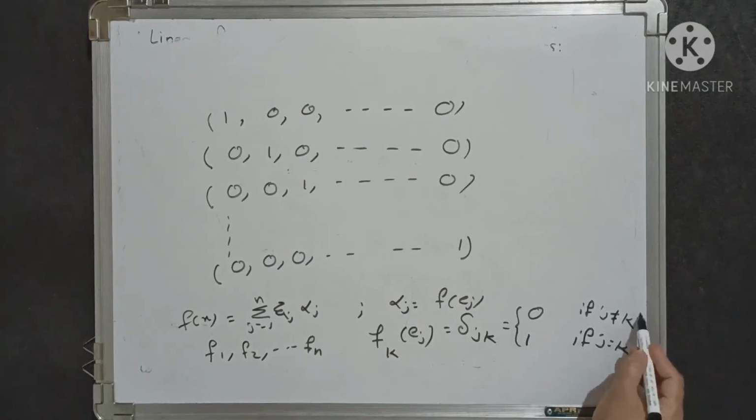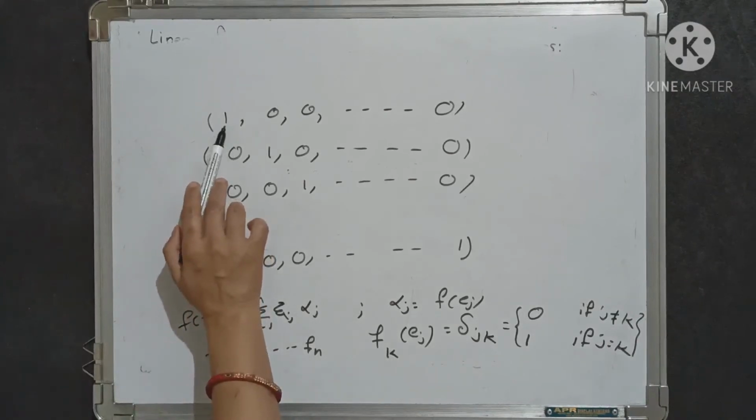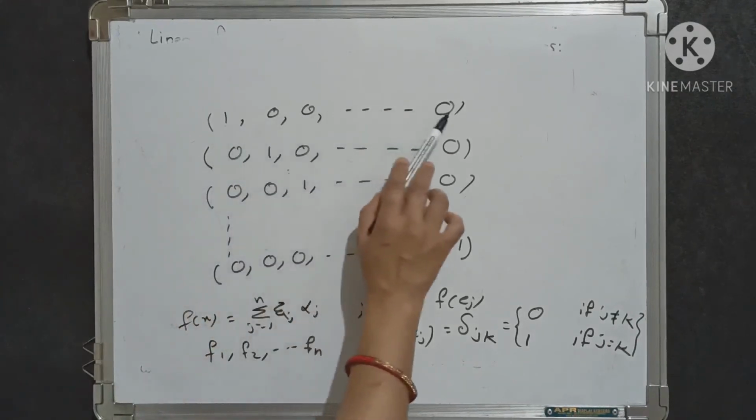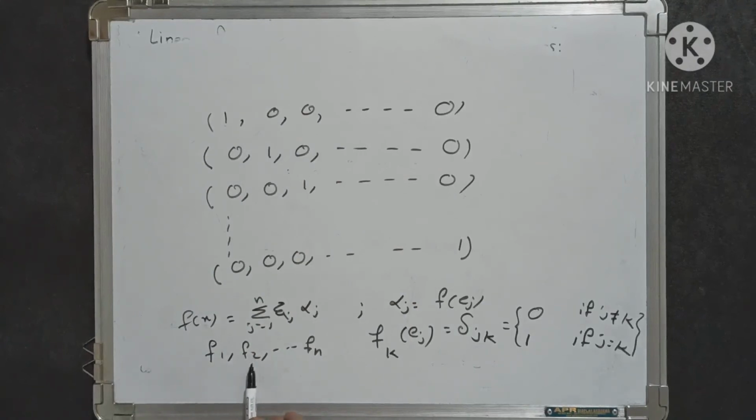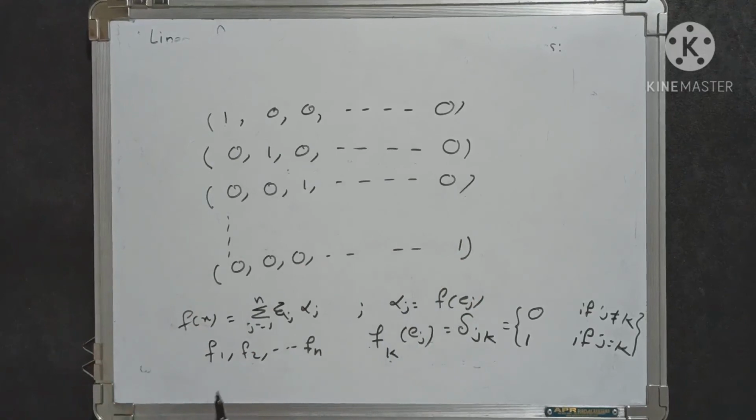It is called the Kronecker delta, because here f1 is a linear functional that gives the value 1 at the first place and all remaining are 0. f2 is the linear functional with f2 of ej equals delta j2, and it gives the value 1 at the second place and 0 for the remaining places. In the same way we get the functionals f1, f2, up to fn. Here this delta jk is called the Kronecker delta.